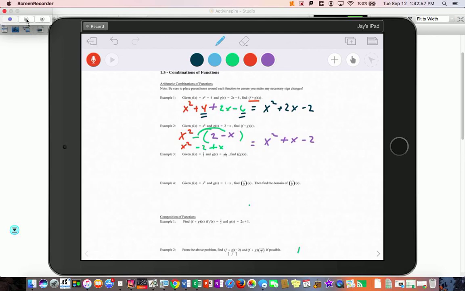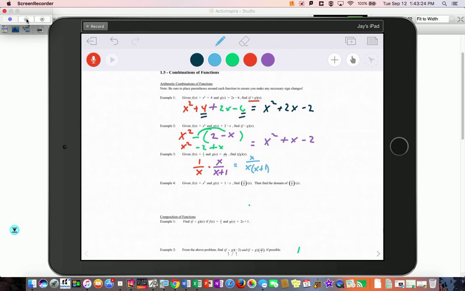Multiplication would be to write the 1 over x times x over x plus 1. So in this case, when we're multiplying, we can go ahead and multiply across the top, multiply across the bottom. So you could write this as x over x times x plus 1.